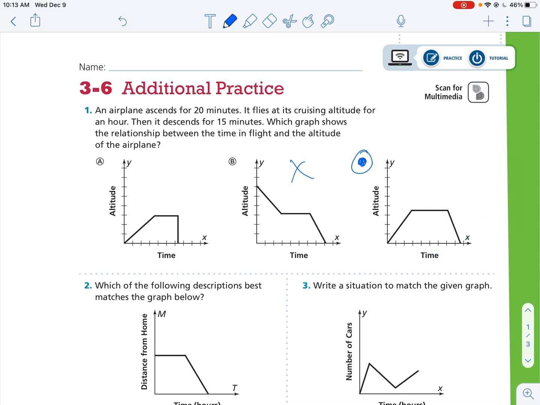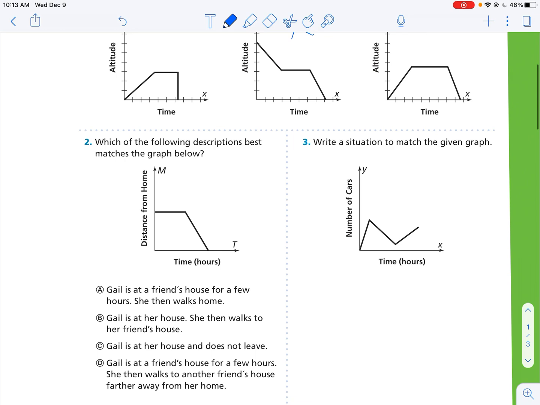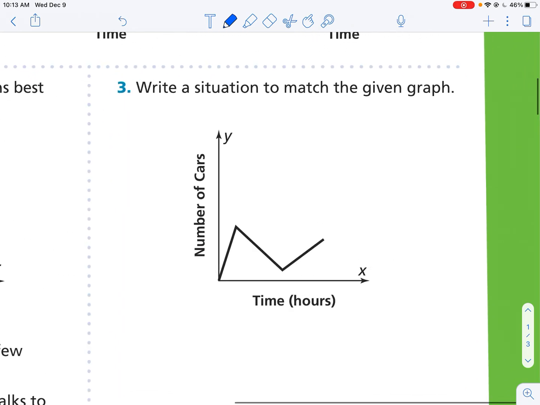The beginning part is just saying it started in the air and then descended, cruised for a while, and then descended again. So that's the only part of it that's wrong, is it's starting in the air. So be aware of that and realize that the things happening in the function and the graph do relate to your story.